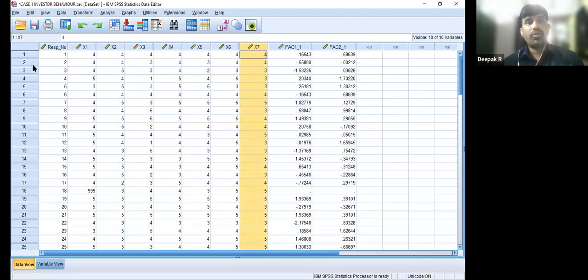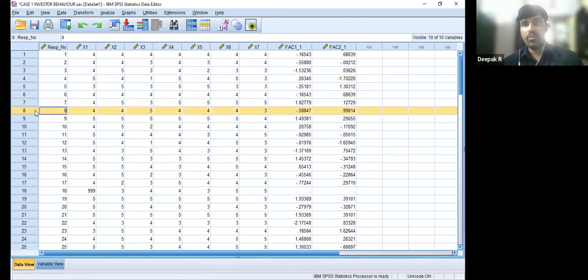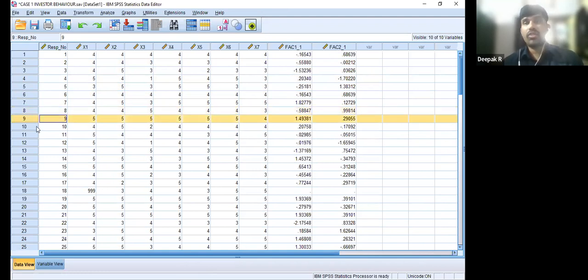If I want to reduce the dimensions across the rows, taking the records or cases, and group these cases in such a way that the groups are mutually exclusive, with significant differences among the groups but a lot of similarity within the groups, we will be able to go for cluster analysis.